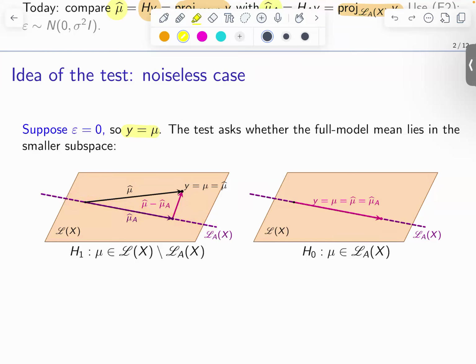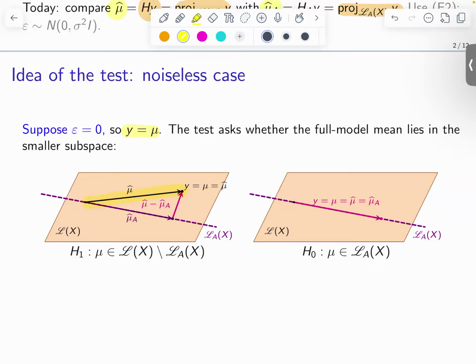Because we are assuming that there's no noise, and mu is already in Lx, this vector is going to be y as well as mu. And then if projected onto Lx, what would happen?